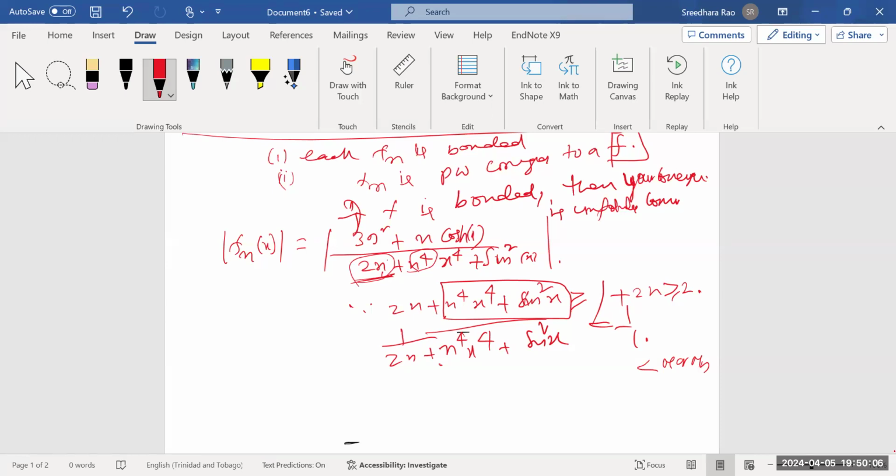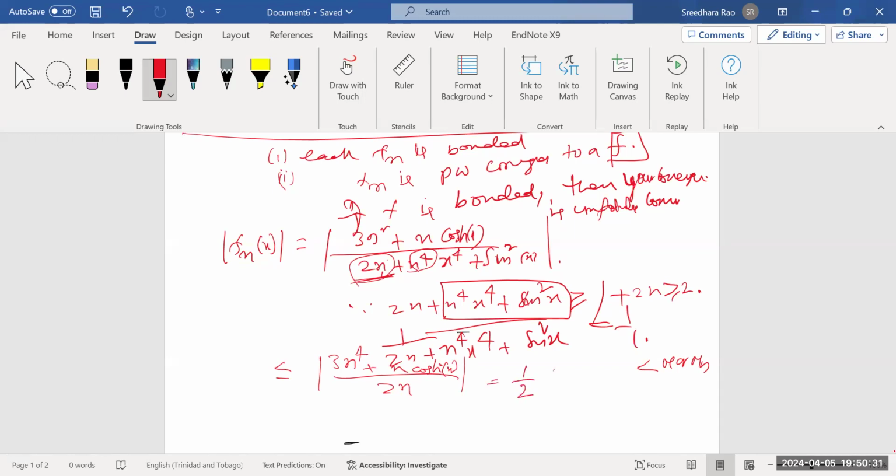So what happened? The entire value is less than or equal to modulus of 3 times n to the power of 4 plus n cosh x, the hyperbolic function, over 2n, isn't it? So you can take out 1 by 2, that is 1 over 2, right?